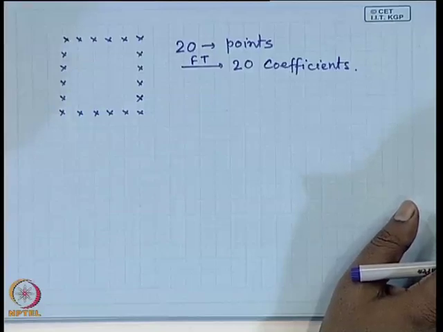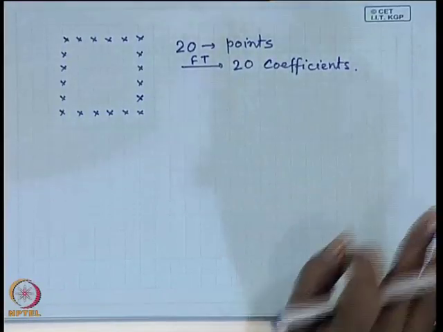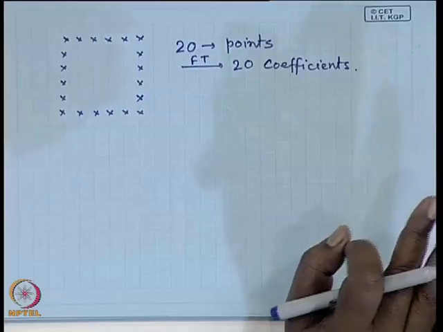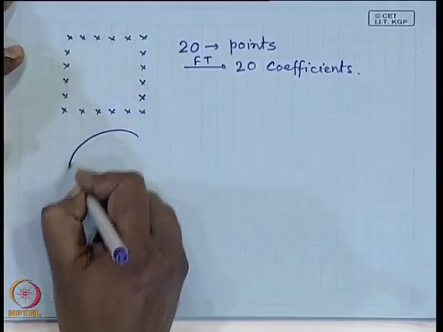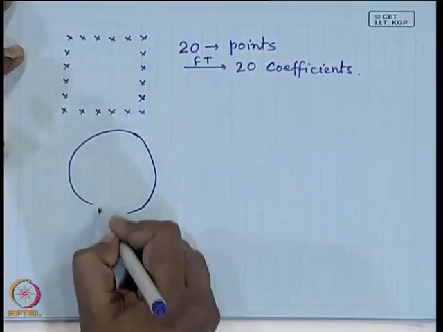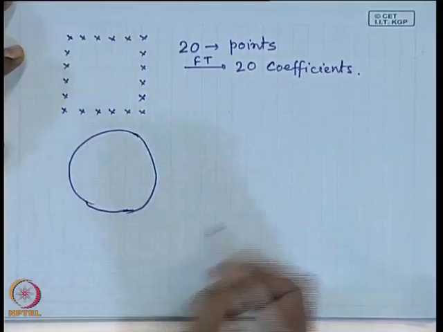Okay. So, out of these 20, if I decide that I will remove some of the higher order coefficients, say, I decide to retain only 1 or 2 coefficients to give me the Fourier descriptor, and using those 1 or 2 coefficients I take the inverse Fourier transformation by setting the removed coefficients equal to 0, then the boundary I get after reconstruction is a circular boundary, something like this.